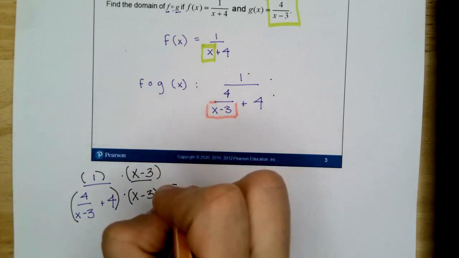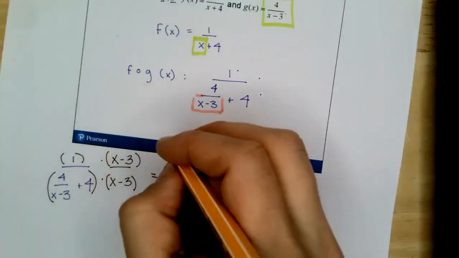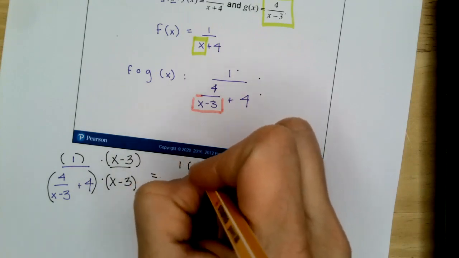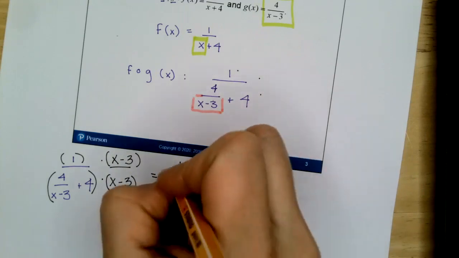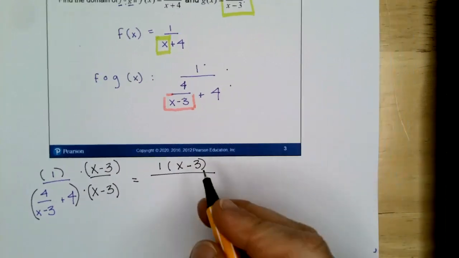Okay, let's distribute that. 1 times x minus 3 is just x minus 3 on the top.